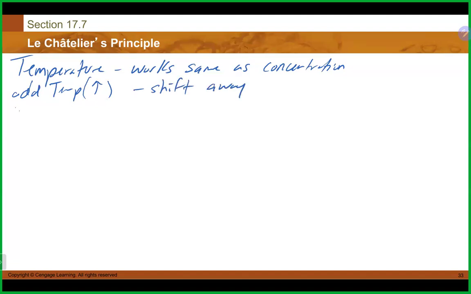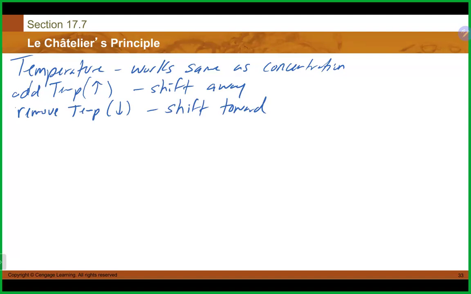And when you remove or decrease temperature, it will shift towards it. So how do we know which way that is? It has to do with the equation and reaction, and it has to do with what type of reaction you're dealing with. And what we're talking about is in terms of energy.